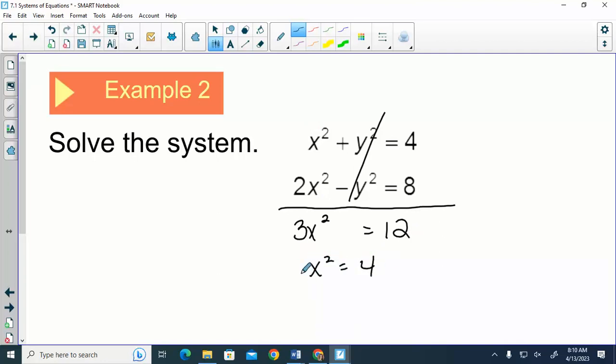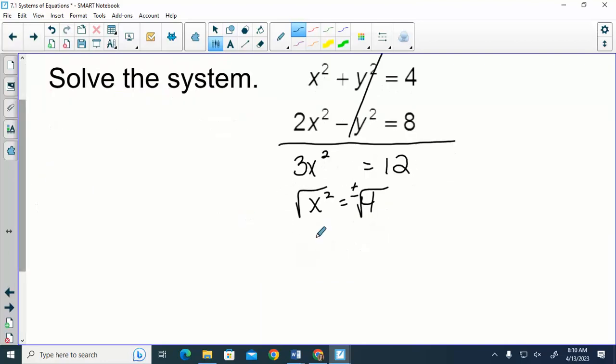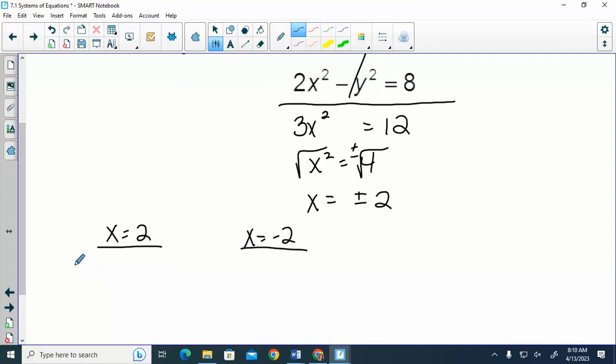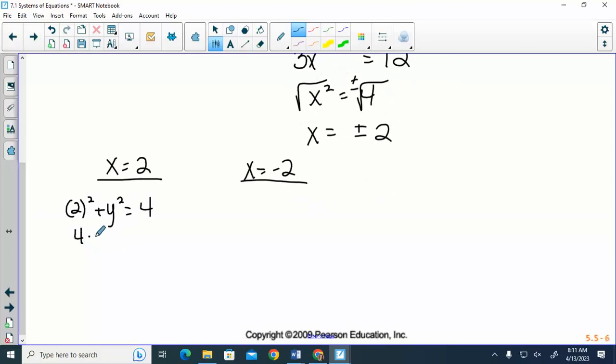Okay, so when you take a square root, what do you need with it? So x can equal a positive or a negative 2. So we have to plug both of those in and get the y value for each. You can plug them into either equation. If I did the first one, we have 2 squared plus y squared equals 4. Then y squared equals 0.